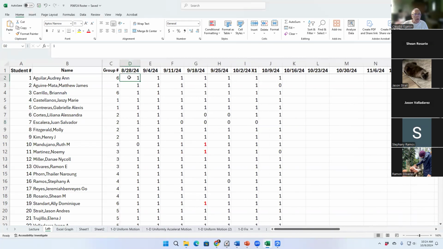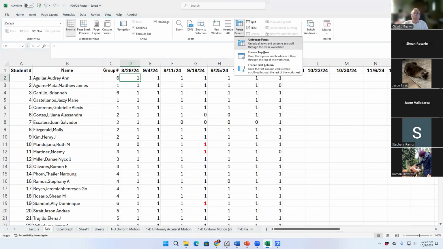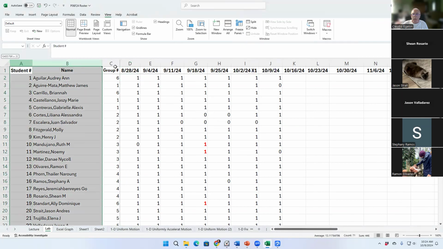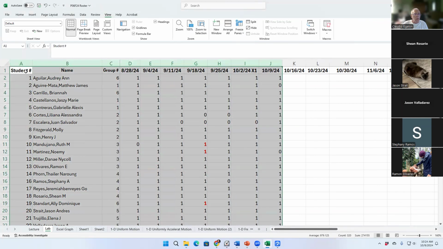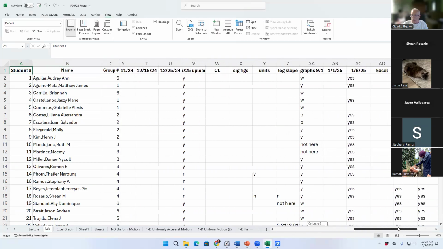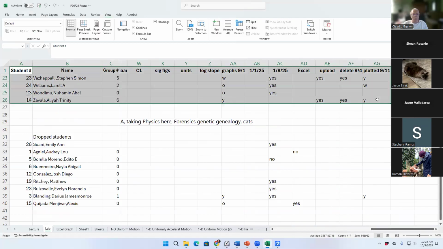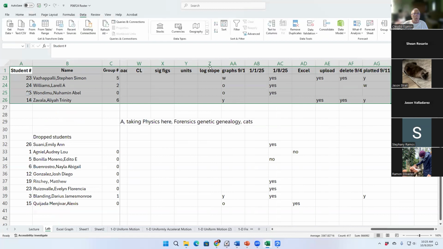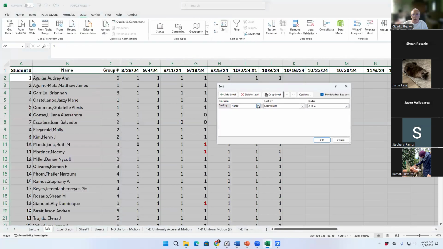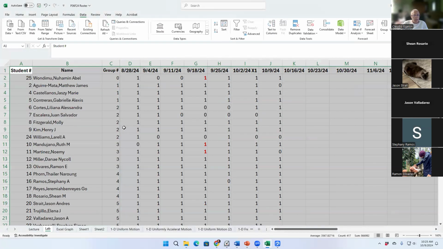Lab. I'm going to put here freeze pane. Let's see.